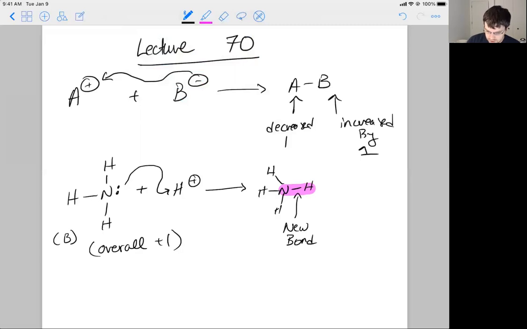Now, in this case, it turns out that the positive charge is on nitrogen instead of a hydrogen atom. That allows for an overall +1 charge, and it can be accounted for by the formal charge of nitrogen.